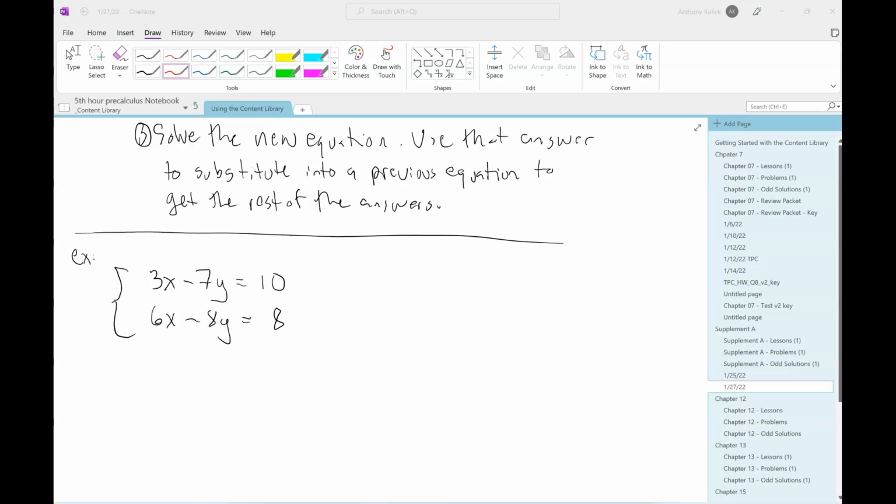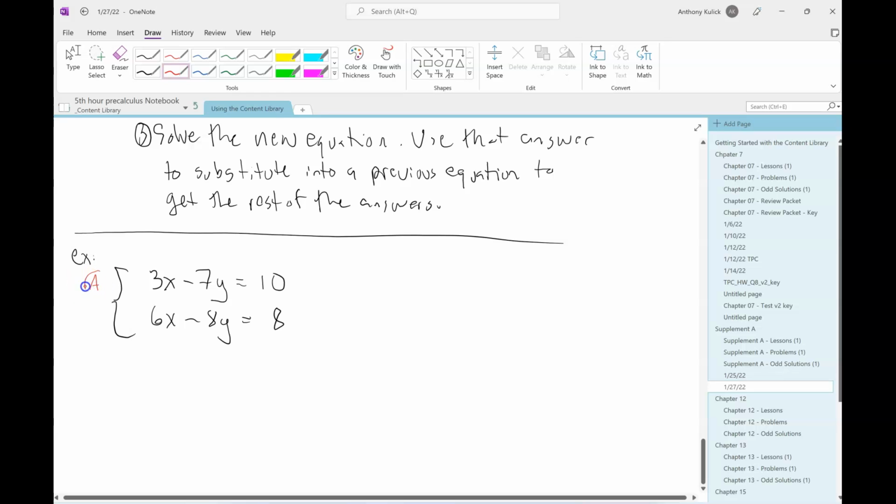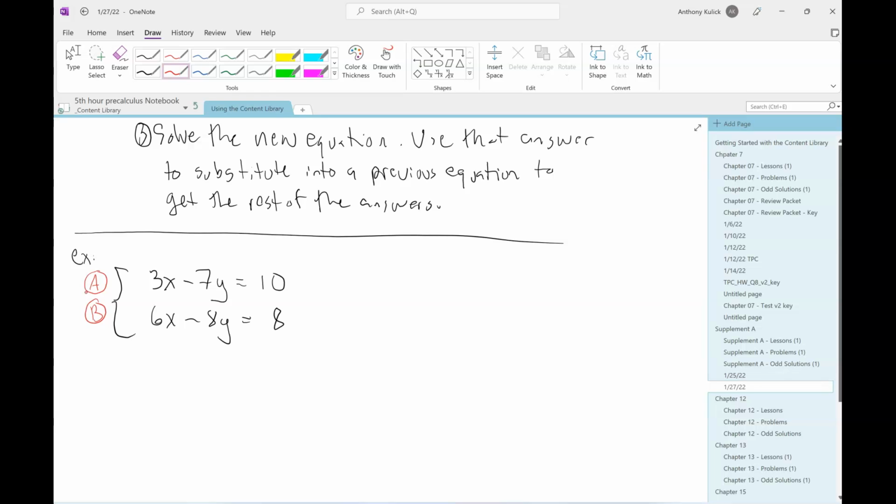I'm going to refer to these equations as equation A and equation B, just so that when I make some notation about what I'm doing, it's a little bit easier to illustrate that.